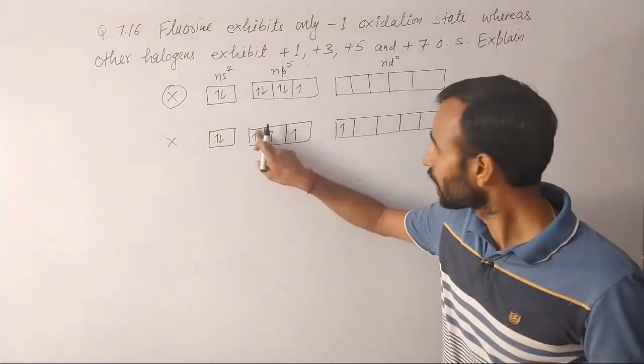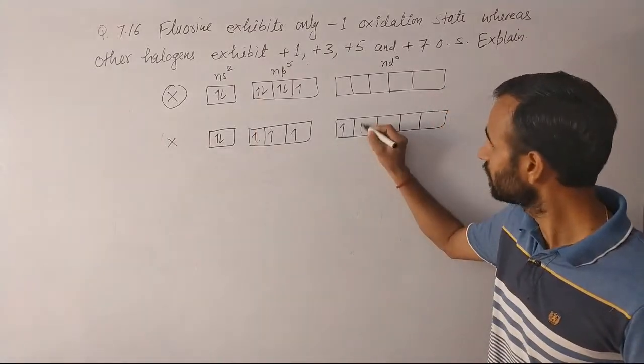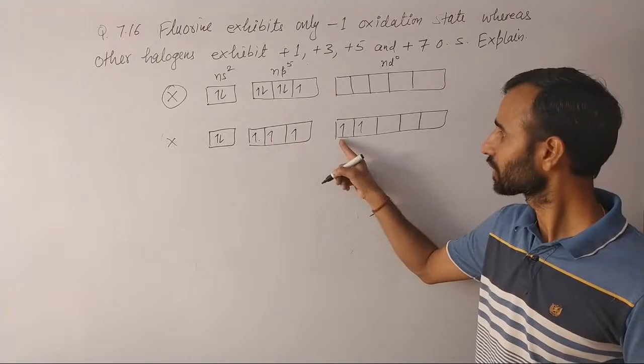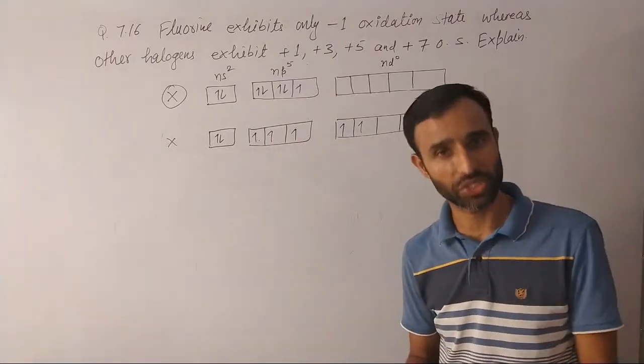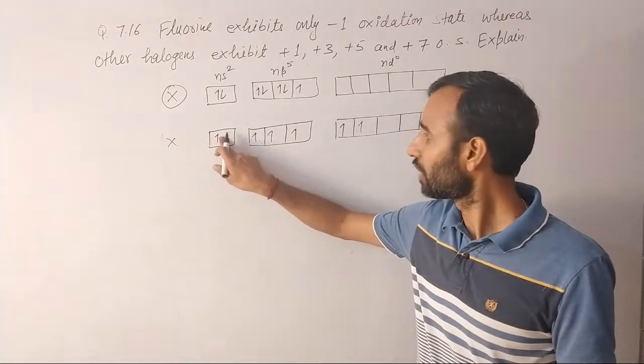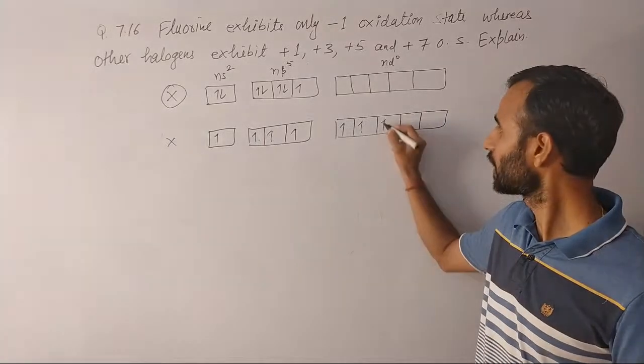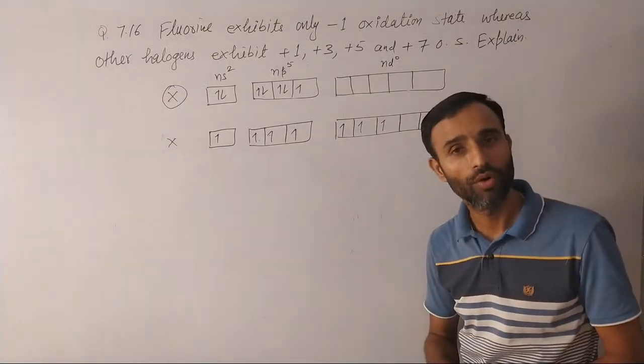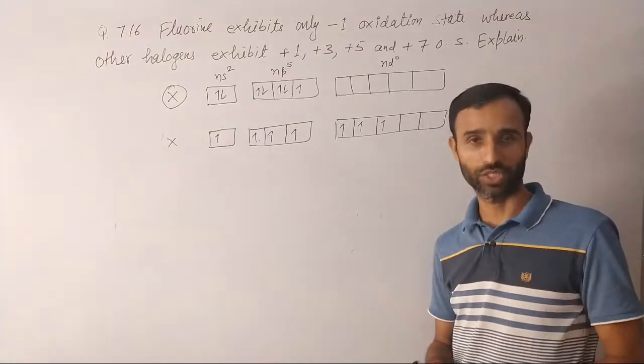Or if one more electron is excited, it can show +5 oxidation state. One more electron, then it can show +7 oxidation state.